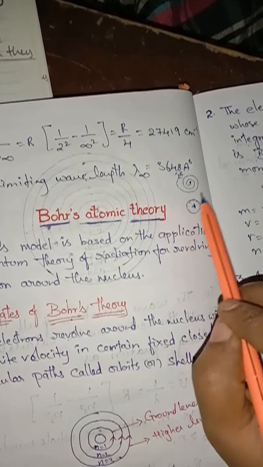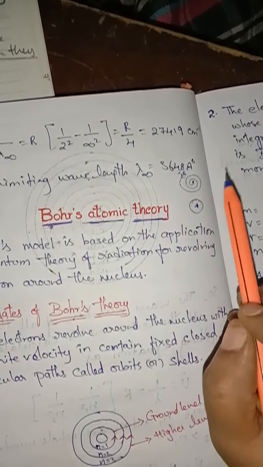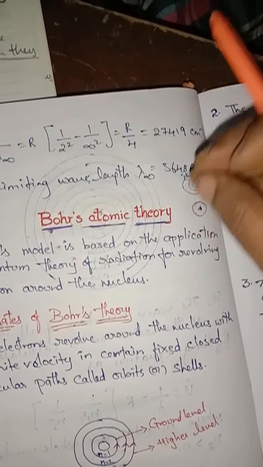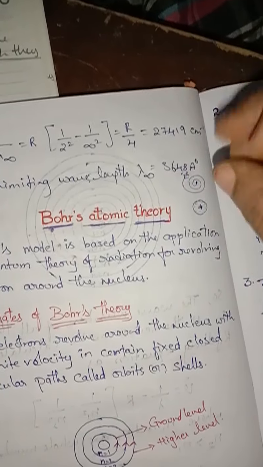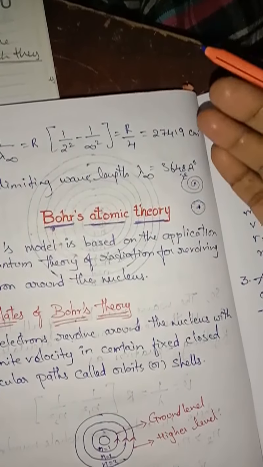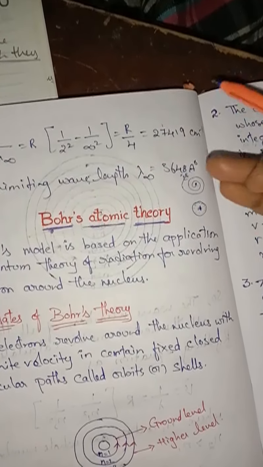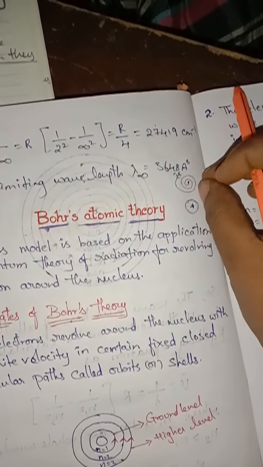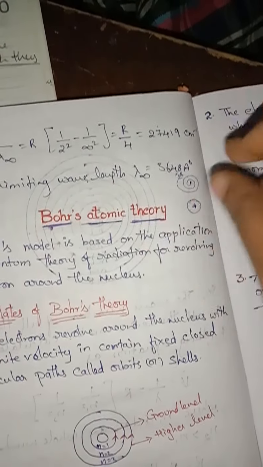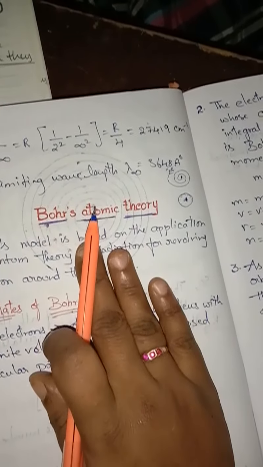So when it is moving, it loses its energy, and when it reaches the nucleus, it is going to collide. That is why Bohr was not satisfied with Rutherford's model.